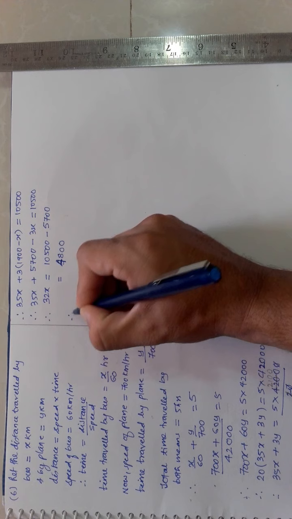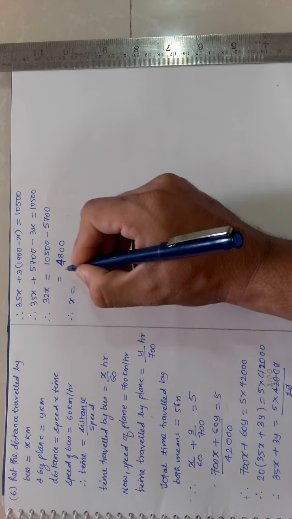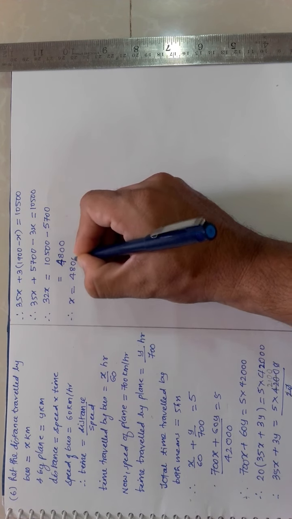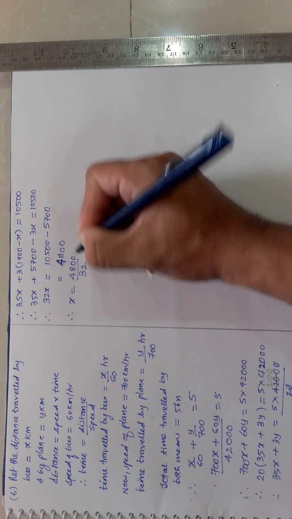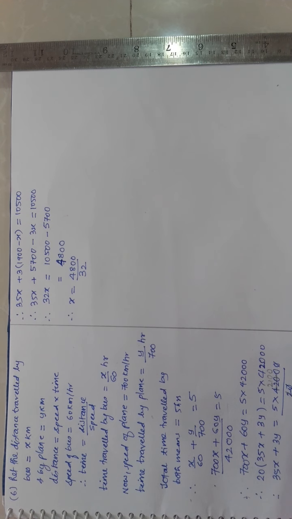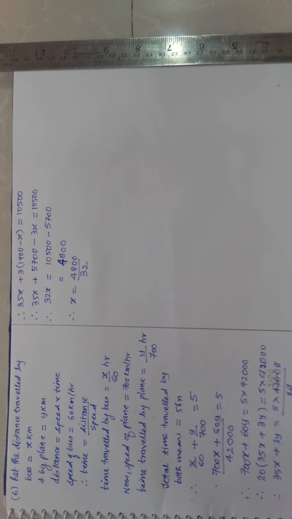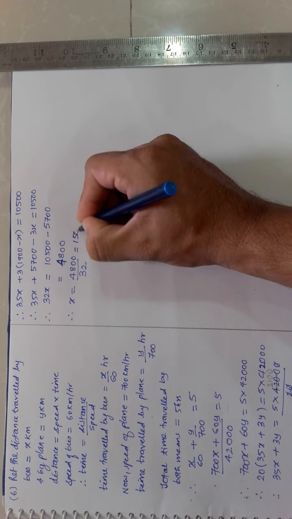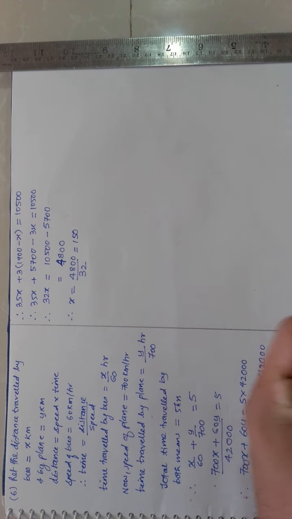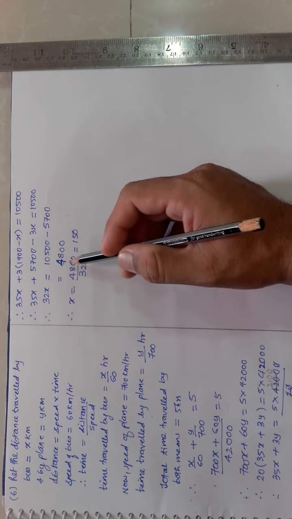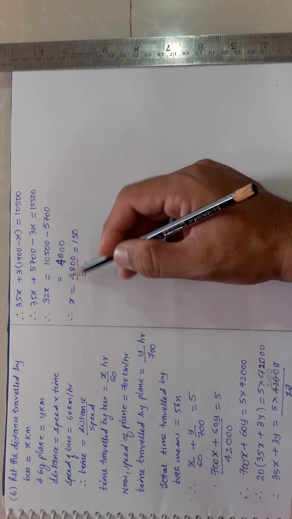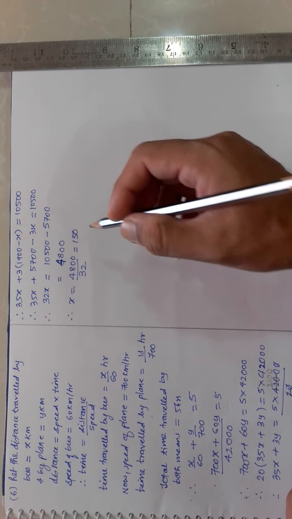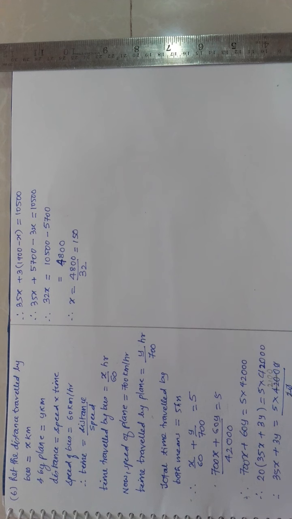So therefore x is equal to 4800 divided by 32. We have discussed this many number of times. Now when you divide this, you will get the value of x as 150. Simple calculation it is. 16 2s are 32, 16 3s are 48, then 300 divided by 2 is 150. So x you got as 150.